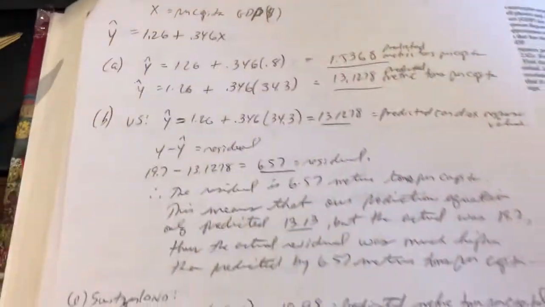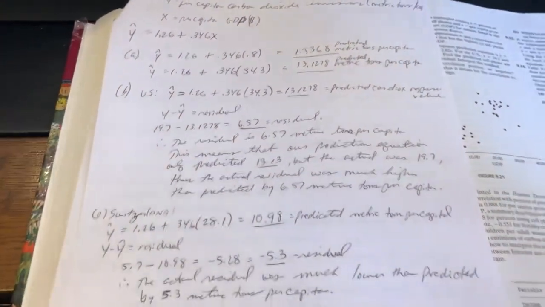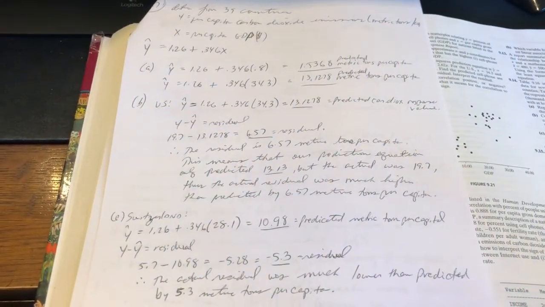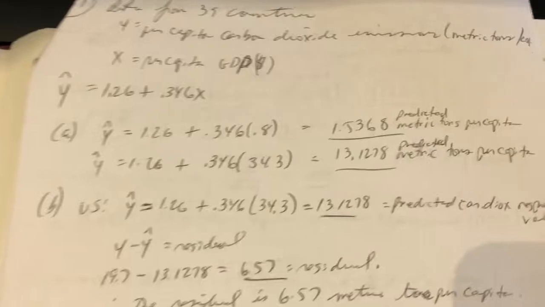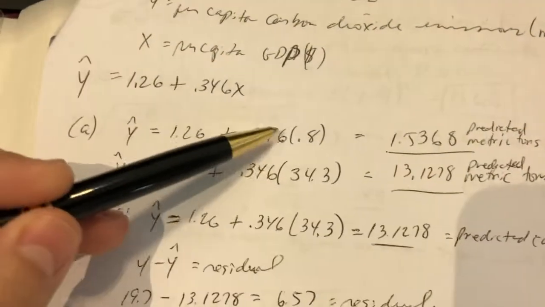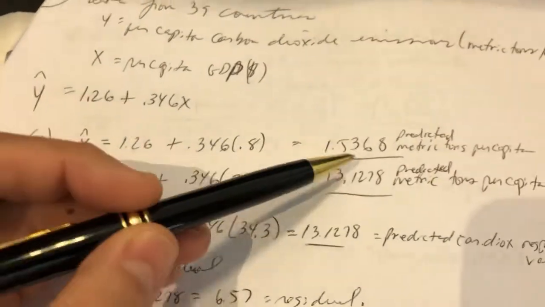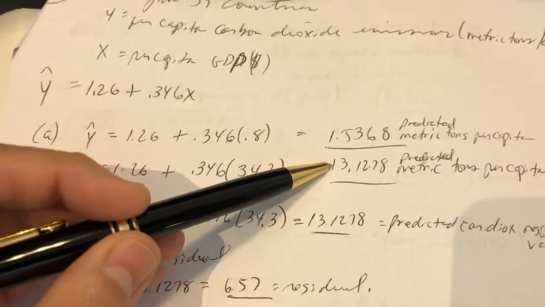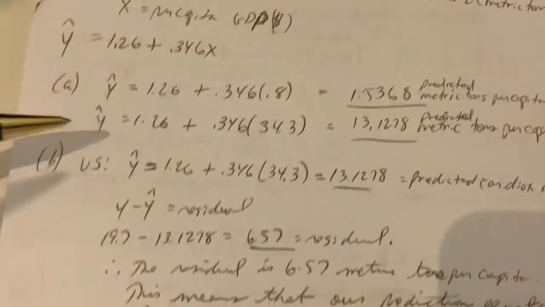So I did it right here. Basically just plugging in and solving. You get, for A, 1.54 and 13.1.